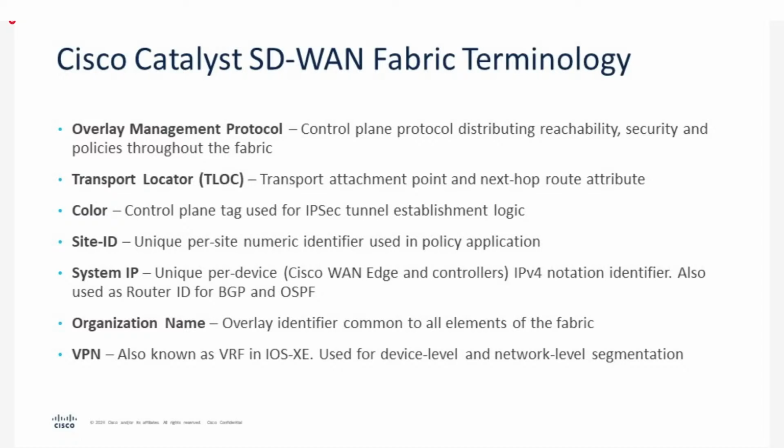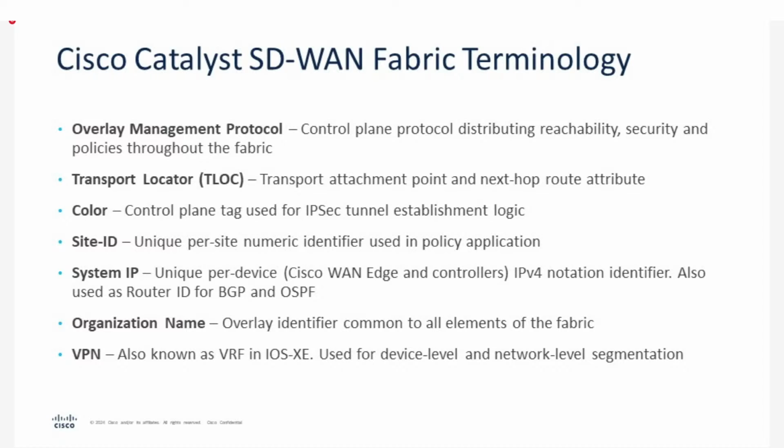This address is very similar to your router ID on OSPF or any other routing protocol. The system IP also provides a permanent network overlay address for the edge router as well as your controllers. It also allows the physical interface to be renumbered as needed, without affecting the reachability of the device.